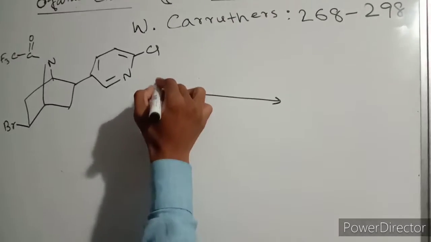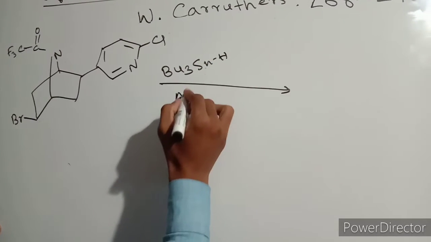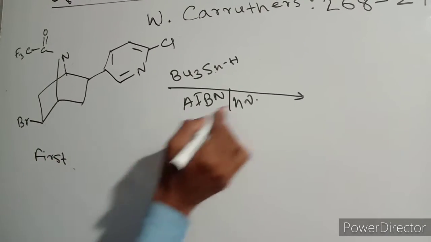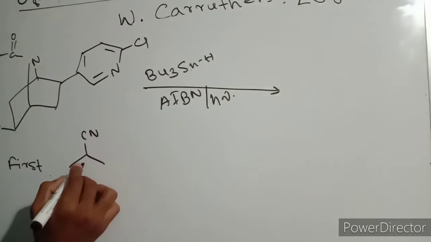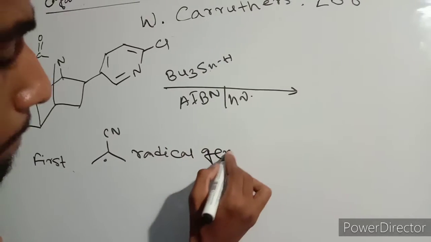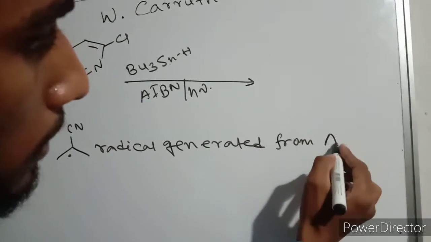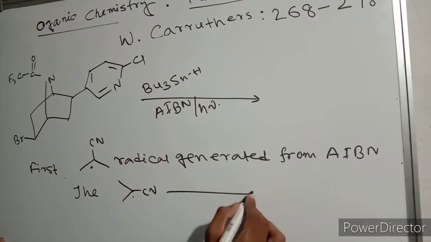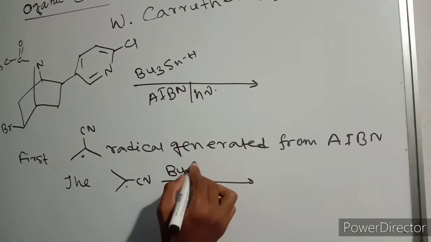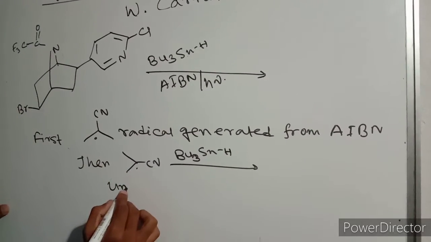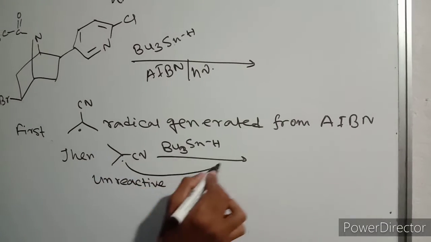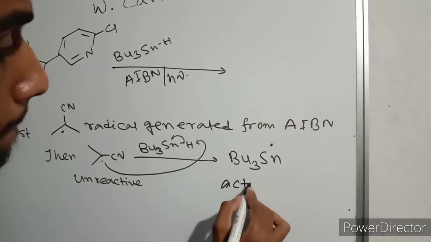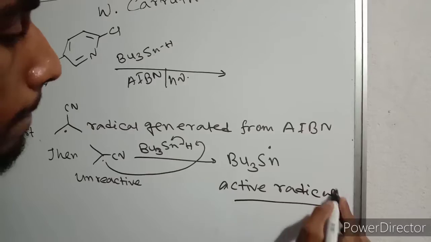If we treat this, first the radical is generated from AIBN, then what happened?